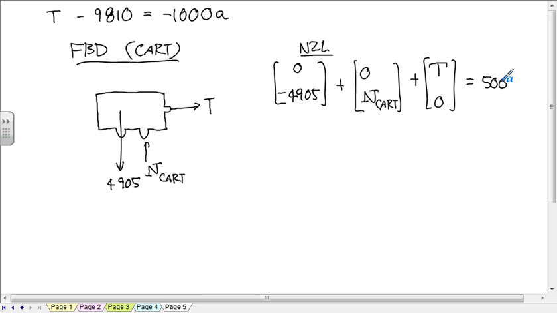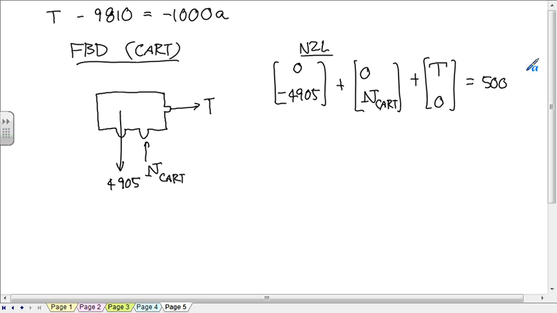And now this is where you have to use that geometric constraint. We're assuming that the hanging mass has a downward acceleration of a, so according to our kinematic constraint, we're going to assume that the cart has a rightward acceleration of a, in the positive x direction.